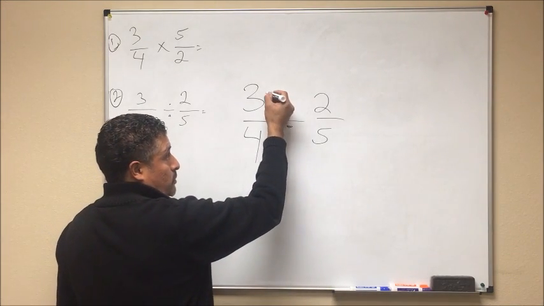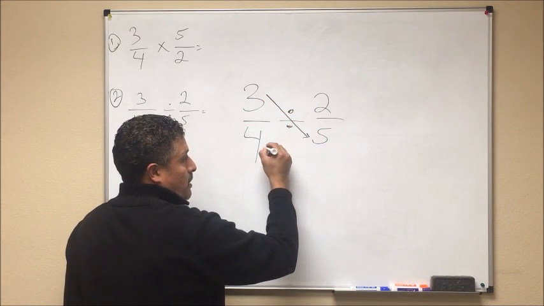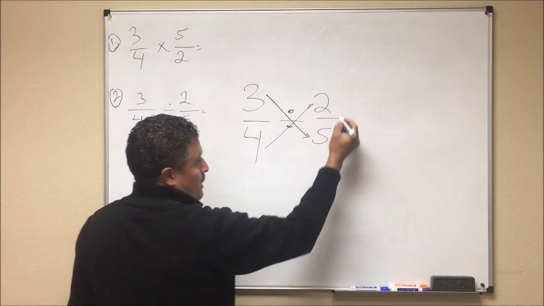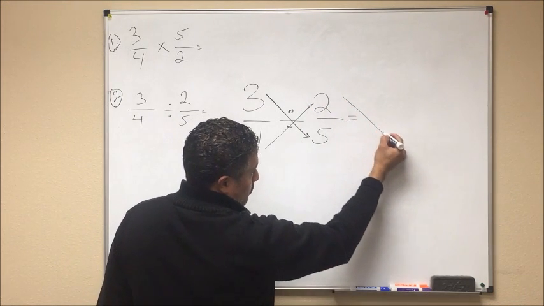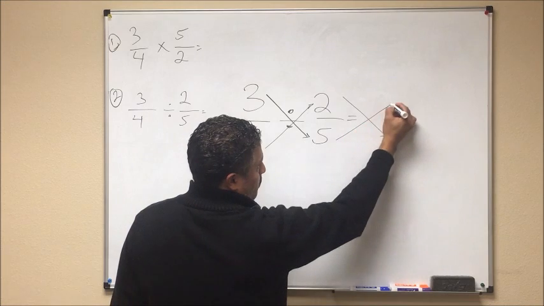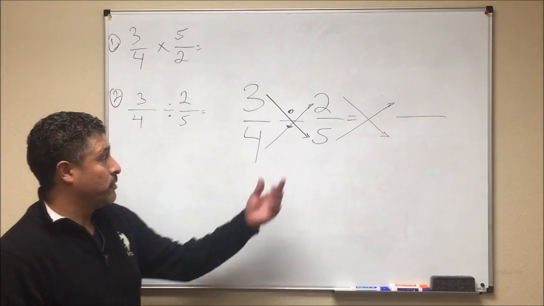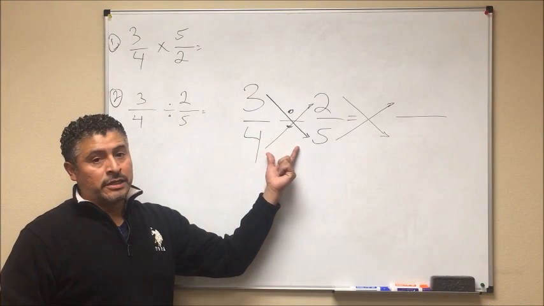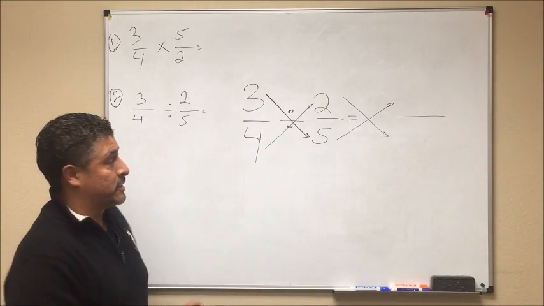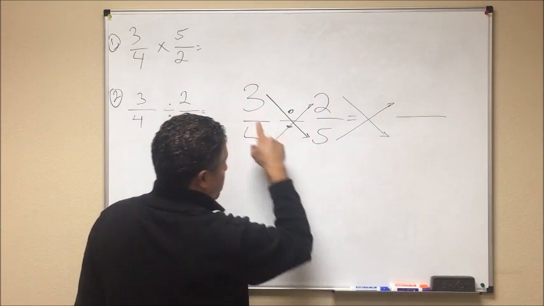So all you gotta do is grab the tail and put an arrow coming this way and put an arrow coming this way. And also, you put your equal sign, you put an arrow coming this way and you put an arrow coming this way. You put your line. So all you did right now is convert this operation into a multiplication. But instead of multiplying straight, you're gonna follow the arrows.